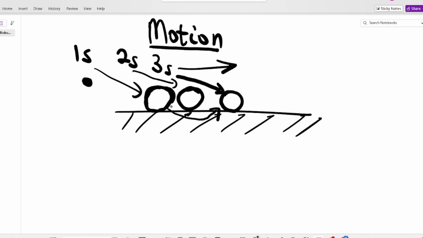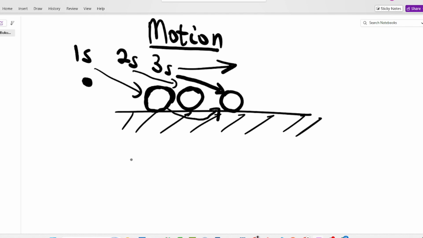The position of the body has changed over time. That's when we say motion has occurred. But if the body stays at one place without changing position as time passes, then motion has not occurred. So motion is said to occur when a body changes its position with time, from one position to another.